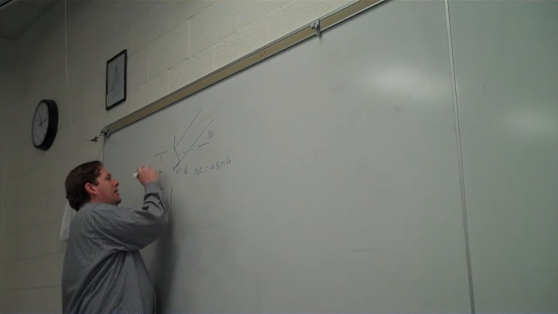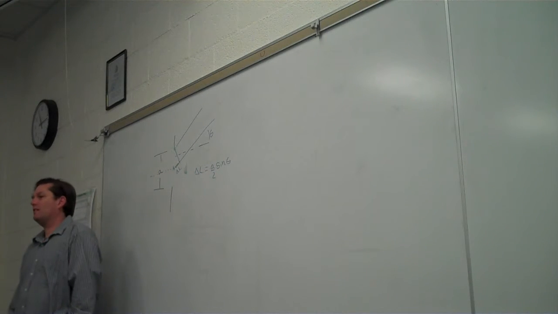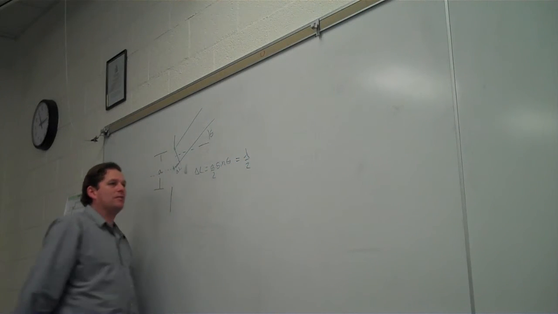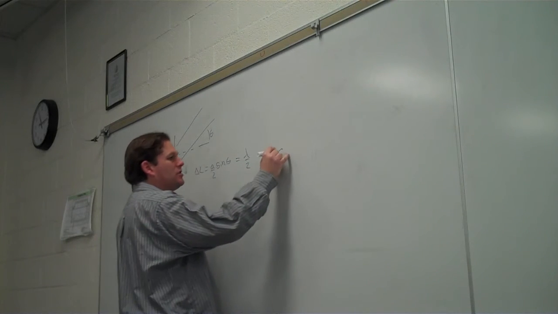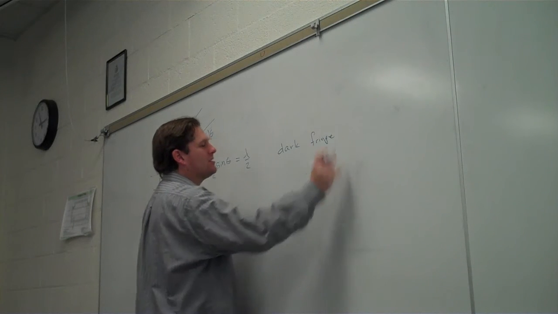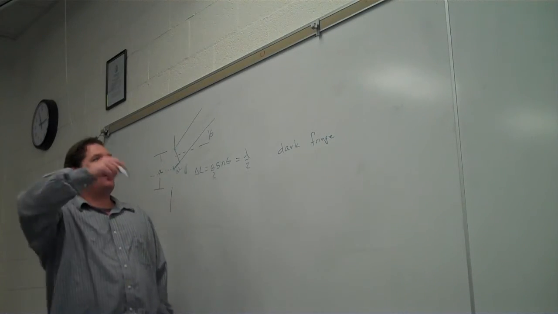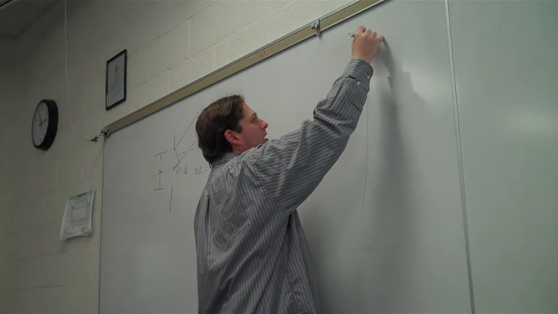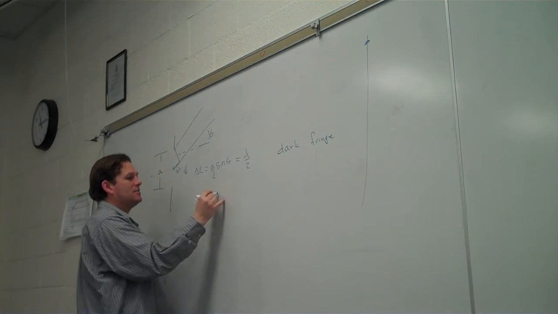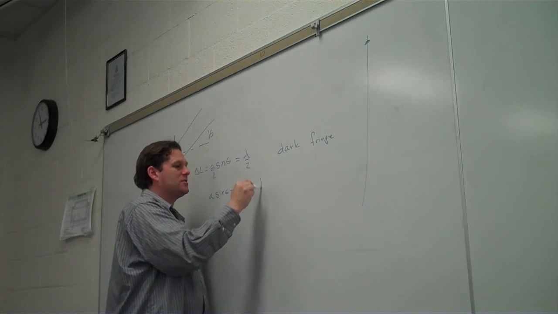But, I'm sorry, not A, because this is halfway through the slit, so it's really A over 2 times sine theta. If this is equal to a half of a wavelength, you get a dark point, or a dark fringe. So we're only going to deal with dark fringes in this case, because it just gets too messy otherwise. So then, if you look off on your distant wall, this would be the point where you get your first dark fringe. So if you have A sine theta equaling lambda, this is your first dark fringe.